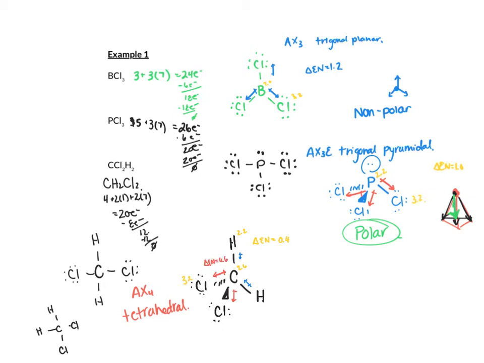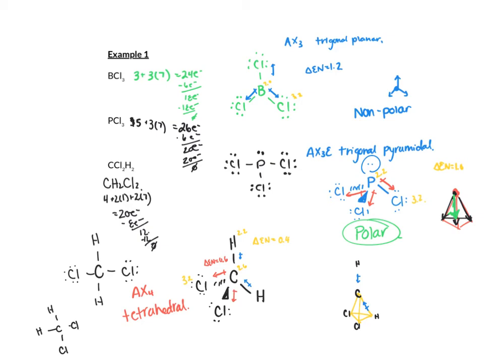Again, I can draw this as a triangular pyramid, where carbon would be sitting here, and the way that I've drawn this, one chlorine is a little bit behind us, there's one coming out towards us, there's a hydrogen here, and then there would be a hydrogen above it. Now, just looking at our bond polarity arrows, this one's pushing in a little bit, and so is this one.